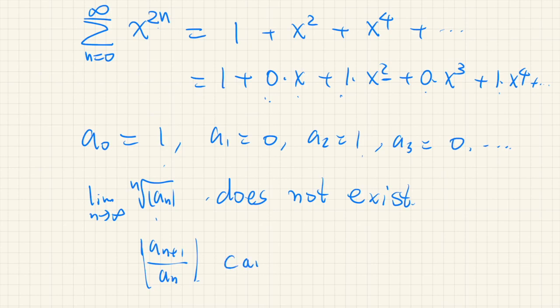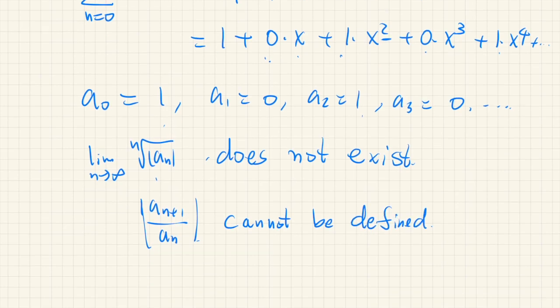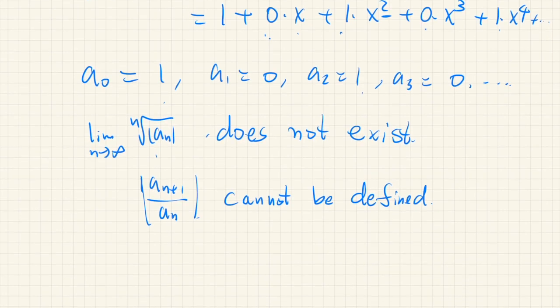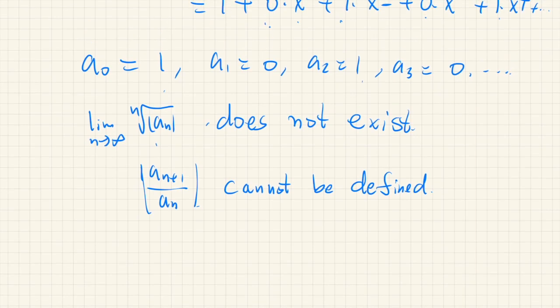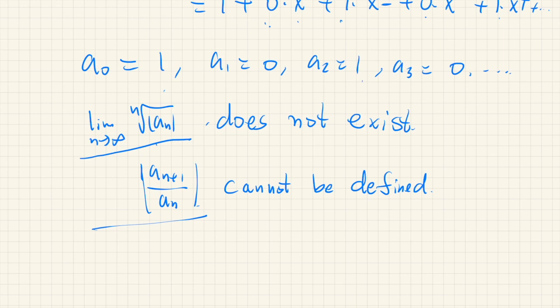Therefore, we cannot find the radius of convergence by these methods. However, that we cannot find it by these methods does not imply that the radius of convergence does not exist.